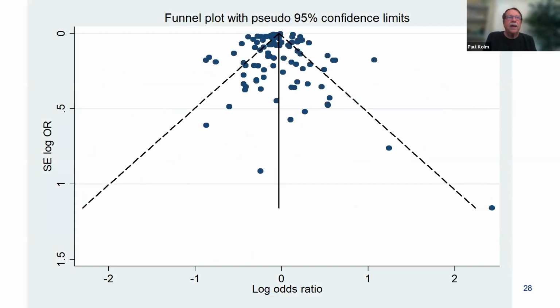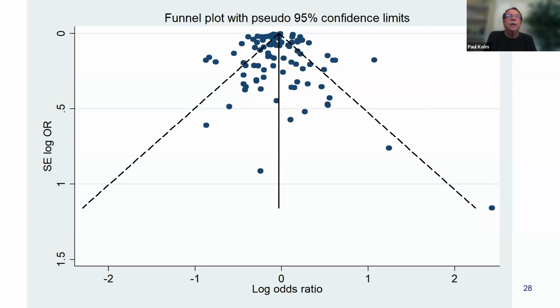In other words, the standard error gets larger the smaller the study. The studies near the top are the larger studies. As I mentioned, you would like to see that they all fall within the 95% confidence intervals. In this case, you can see that they don't; quite a few of the larger studies are outside of the 95% confidence interval.